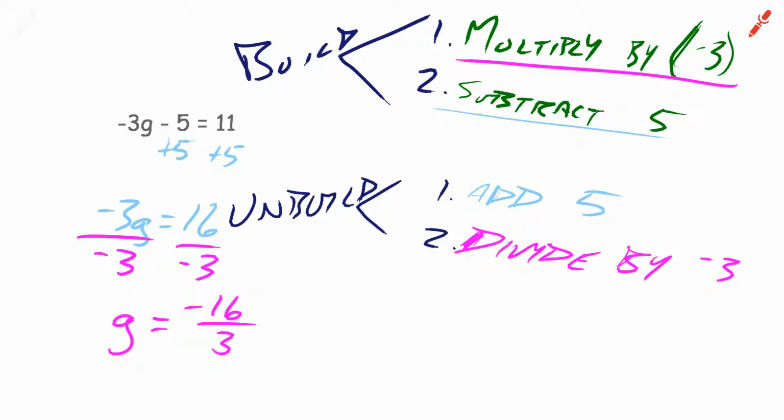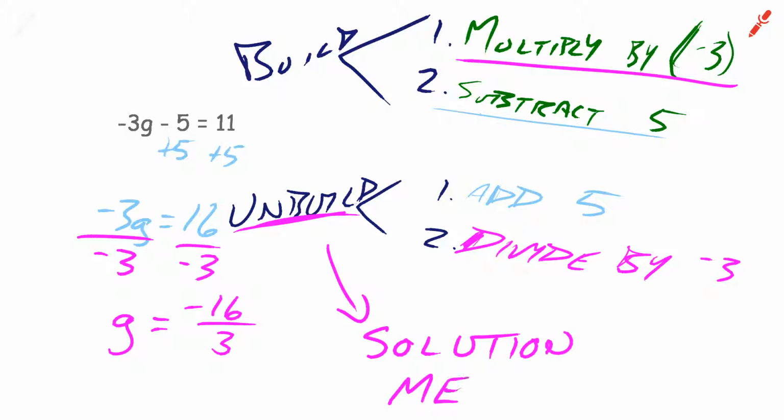Alright, a couple quick things I want to note here. This right here, where I've been writing unbuild, that means solution method. What method am I going to use to find my solution? Second piece, if you look, 16 divided by negative 3 doesn't simplify.